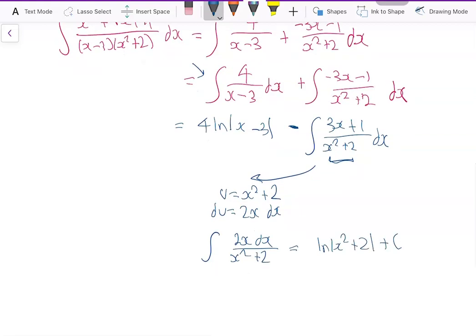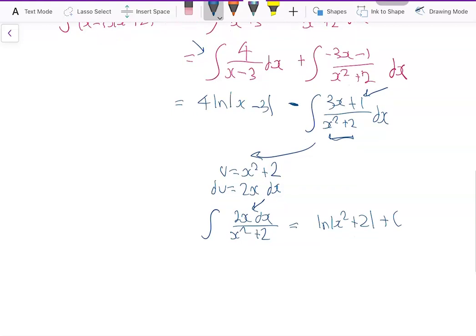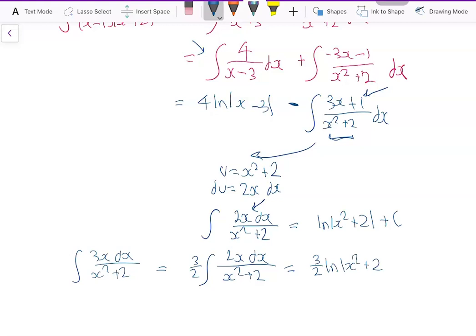And this is kind of close to this integral, but we have a 3x instead of a 2x, so we could put 3 over 2 as a factor in front. And this is now equal to the integral of 3x dx over x squared plus 2, which is 3 over 2 ln of (x squared plus 2) plus c.